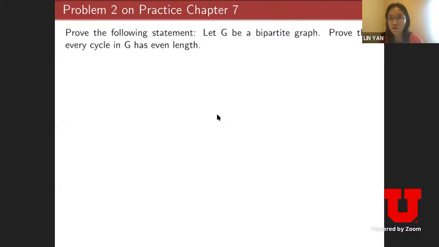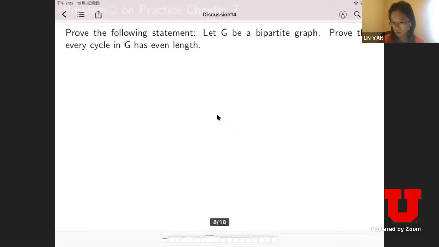I will give you 2 minutes to think about it, and then we will work on it together. So let's recall what a bipartite graph is.